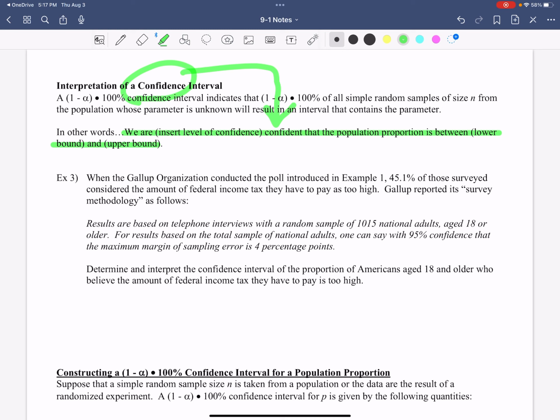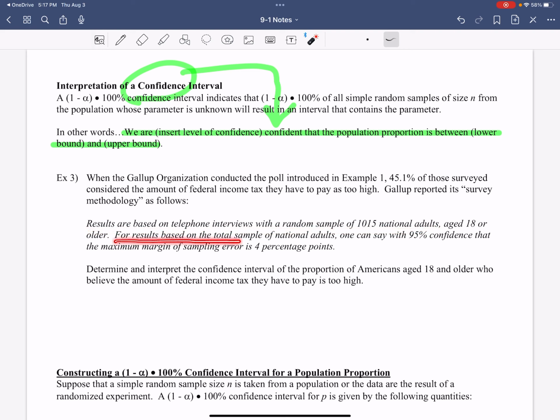All right, so when the Gallup organization conducted a poll, in example 1, that 45.1, remember we figured out the proportion, and we're just changing it to a percentage here. Of those surveyed, consider the amount of federal income tax is too high. Gallup reported its survey methodology as follows. Results are based on telephone interviews with a random sample of 1,015 national adults, aged 18 or older.